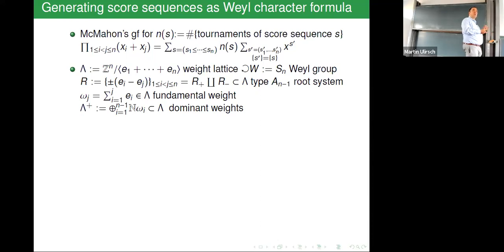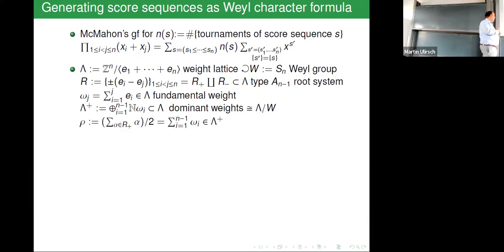What is very nice about the dominant weights is that they contain exactly one representative of every orbit of weights. So you can also think of these dominant weights as the highest weights of representations. And then this is going to be our favorite dominant weight for today.